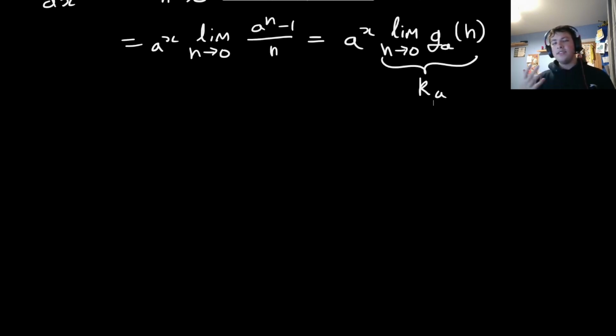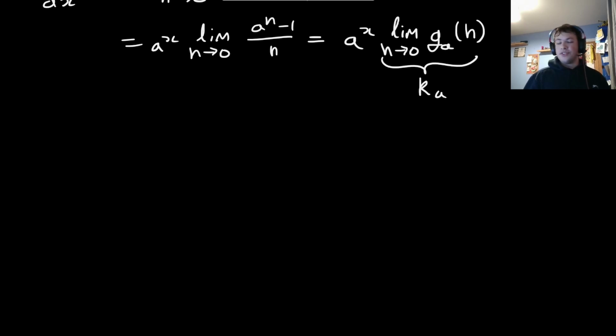And so that means that a to the x has this great property where its derivative is proportional to itself. And that's why we care about e to the x in the first place, because its derivative is itself. So what we're going to do is prove that, first of all, ka exists whenever a is greater than 0. And then we're going to show that actually there's a special number where ka is equal to 1.